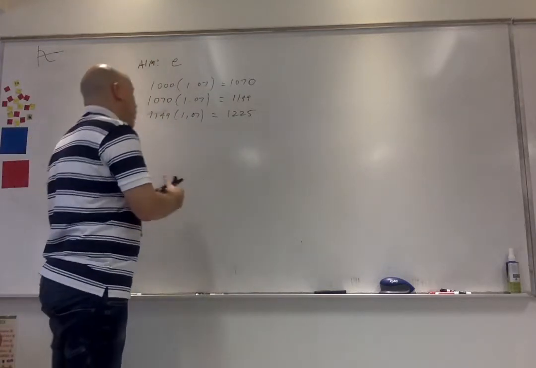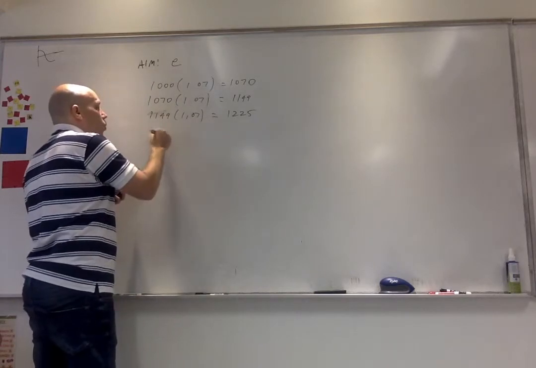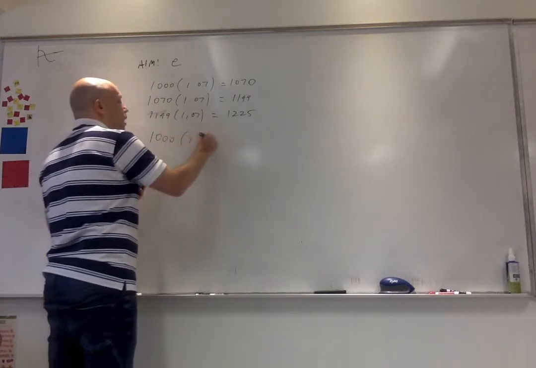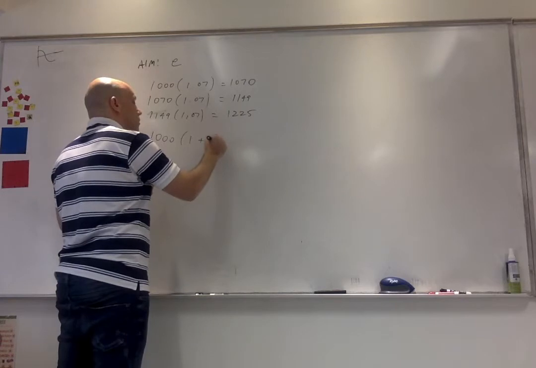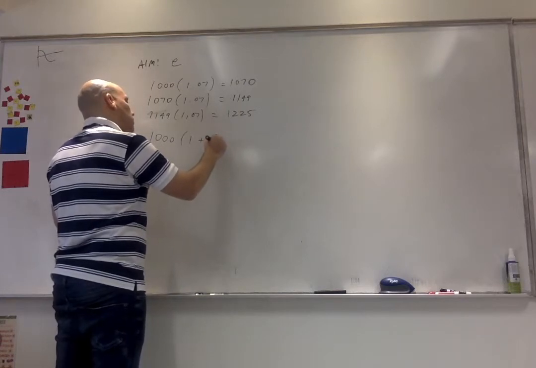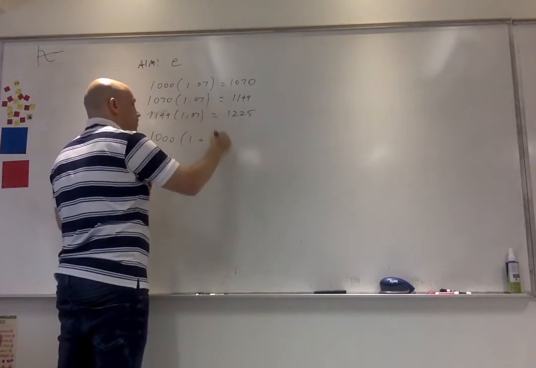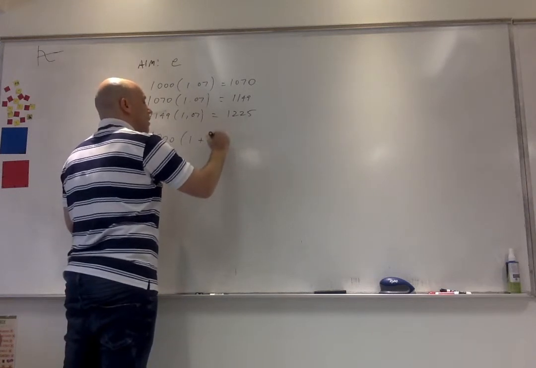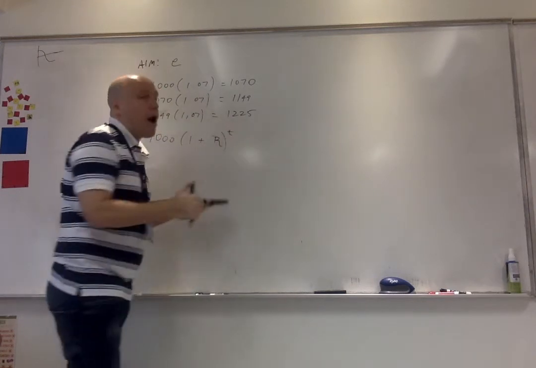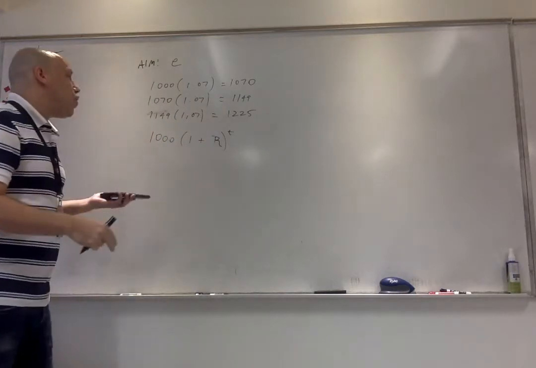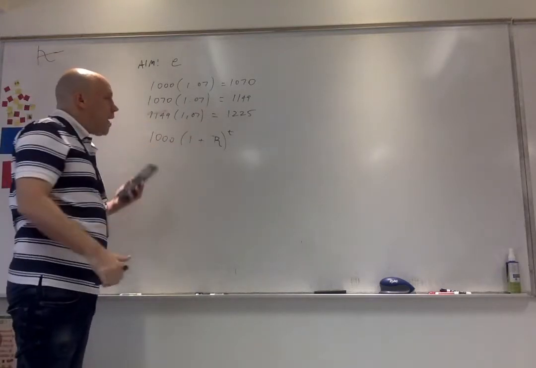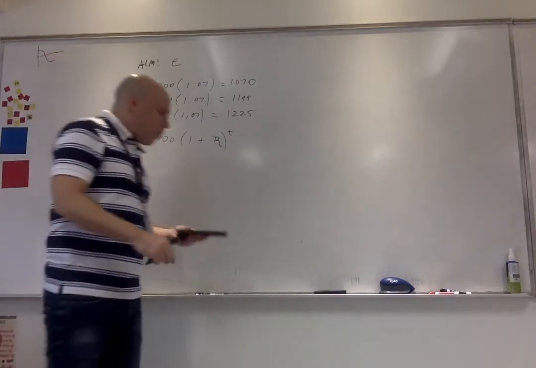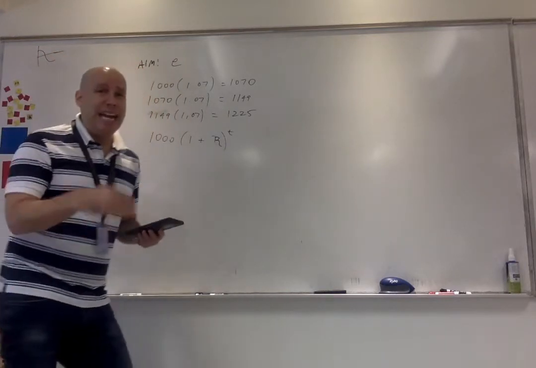So we can set up a formula that's 1,000 times 1 plus a rate, to the t, or the time period, right? And so the question is, can we compound the money in a different way?